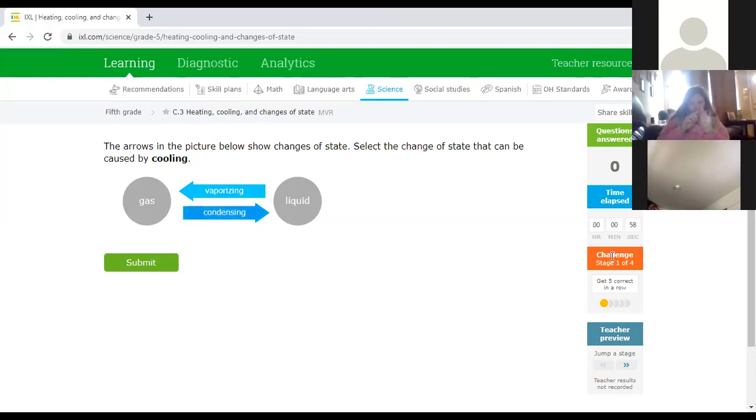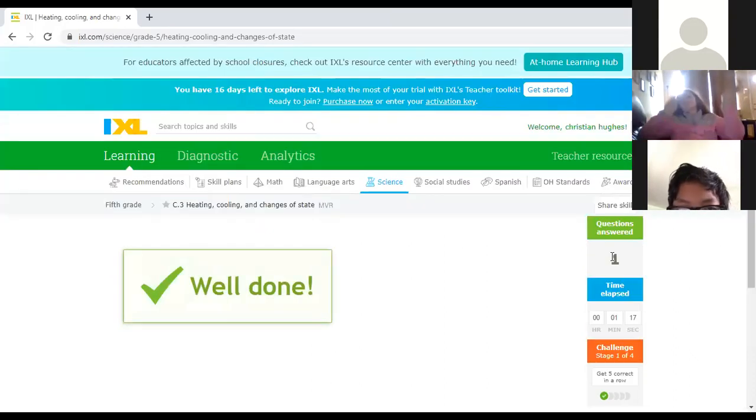Condensing. Yes, it is condensing. Guys, gas can cool and condense back into rain. But a liquid is heated. Steam, you have to put that on the stove or the oven to turn it into steam. So yes, that is correct.